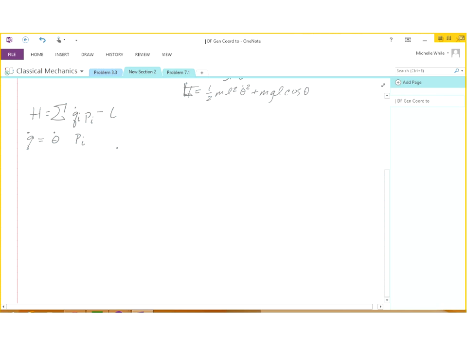And so the p is equal to the partial derivative of the Lagrangian with respect to theta dot. And I'm just going to do this fairly slowly. I have a 1/2 mL squared. I pull the 2 from the theta dot, and I get this, and that is equal to the momentum.